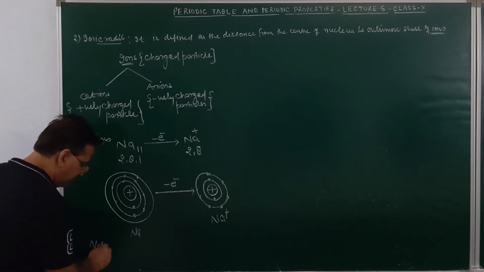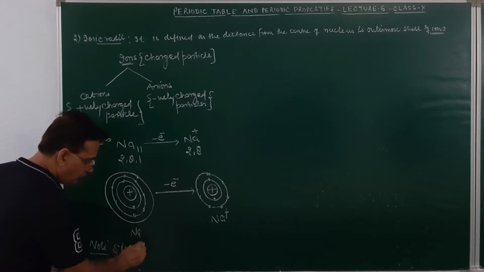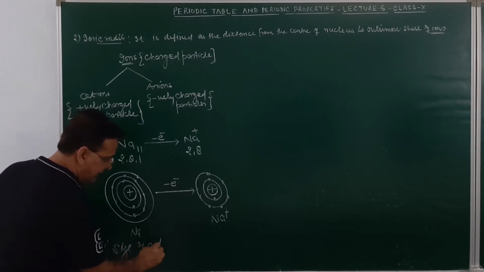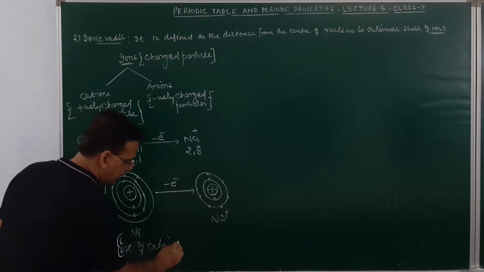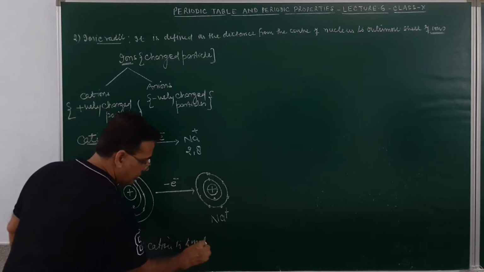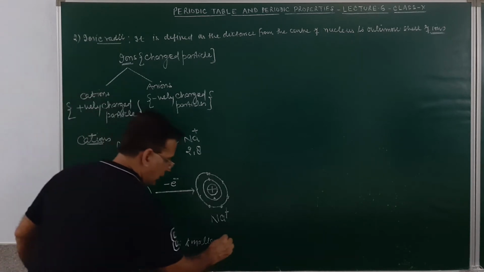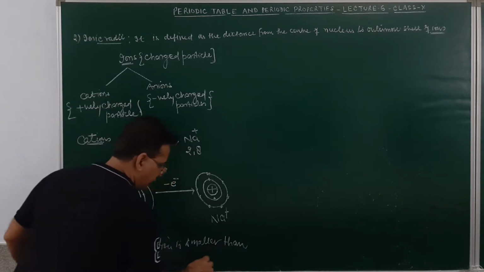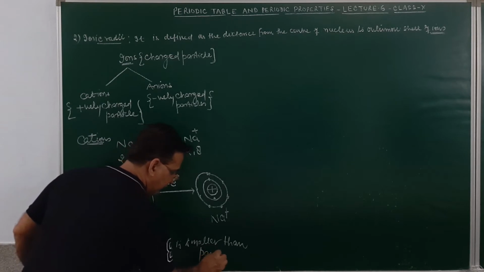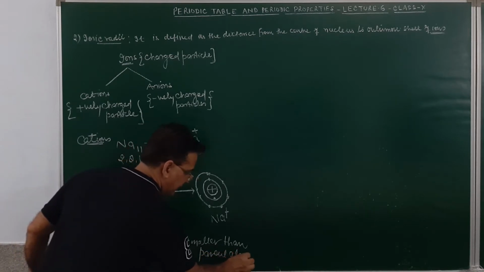So, size of cation is smaller than the parent atom. You must remember this. Always remember that the size of cation is always and always smaller than that of our parent atom.